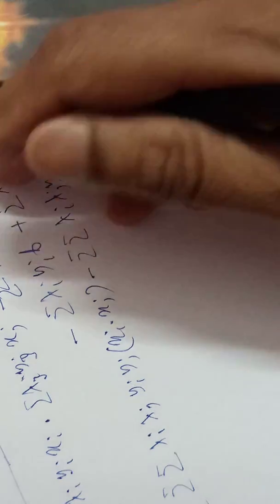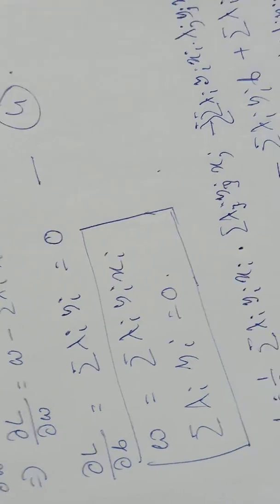Lambda I yi, 0, we already have got from here, so we can replace this value.